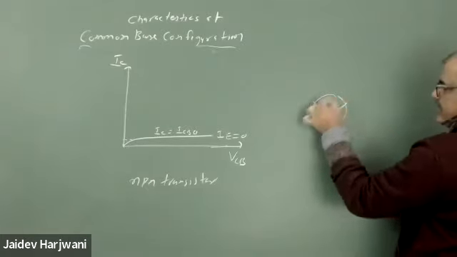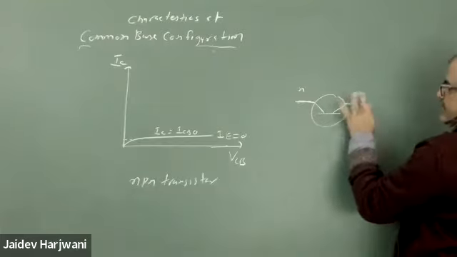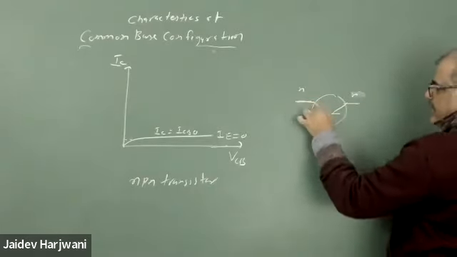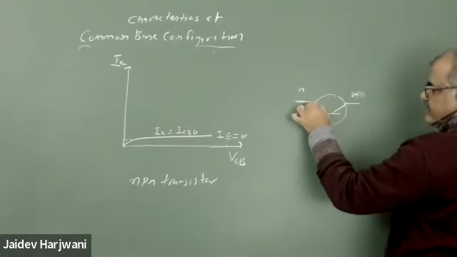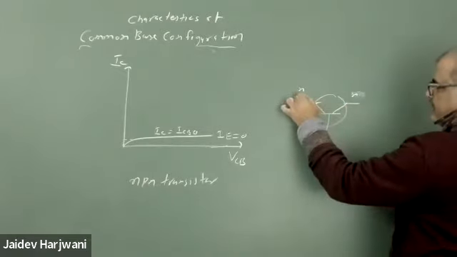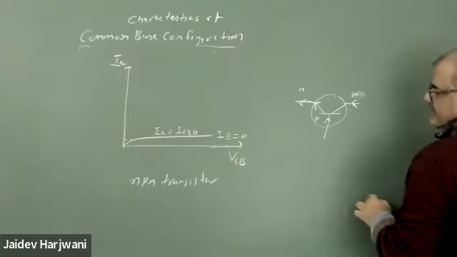So this is my NPN transistor. The current will be going like this, and this is my collector. So current is going outside, current coming here, and IB coming here.